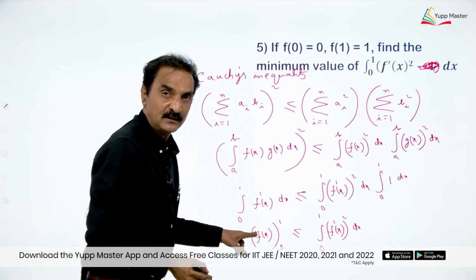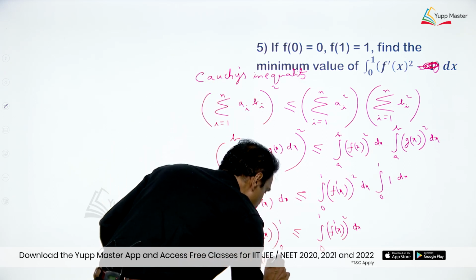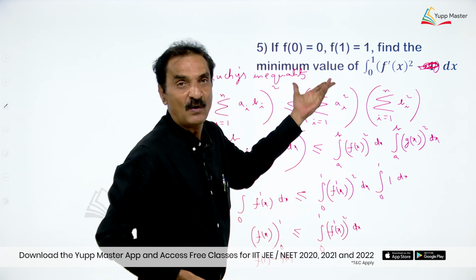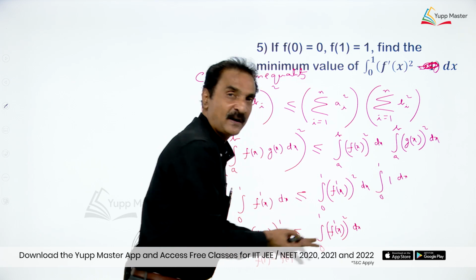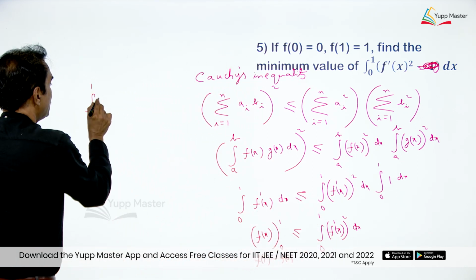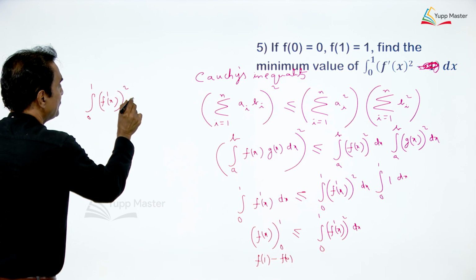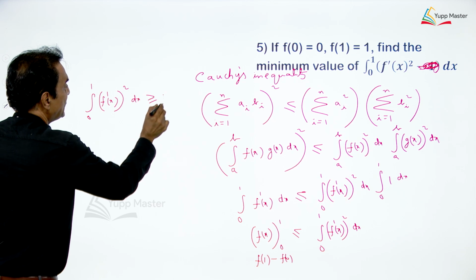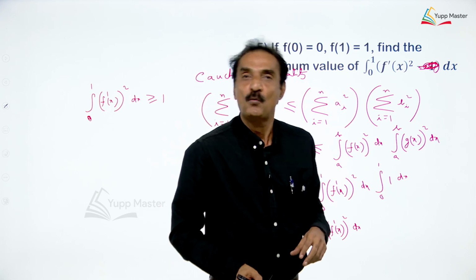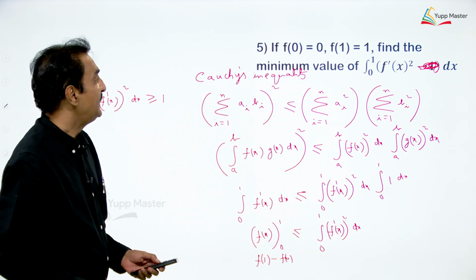Now, what is the value of this left hand side? f of 1 minus f of 0, which is 1. Okay. So, finally, you will get integral 0 to 1 f dash x whole square dx is greater than or equal to 1. So, its minimum value is 1. Okay.